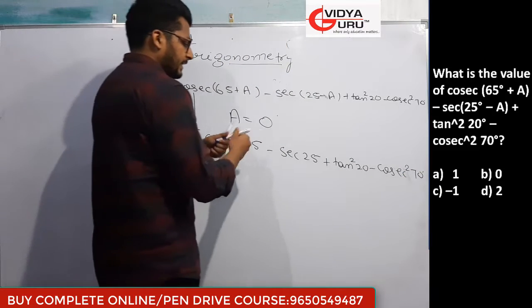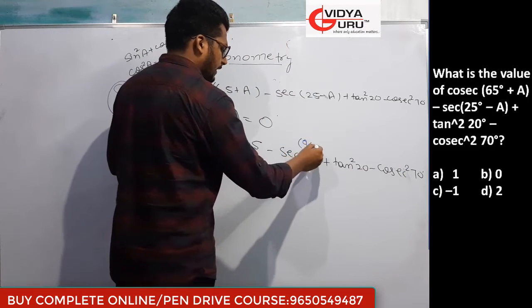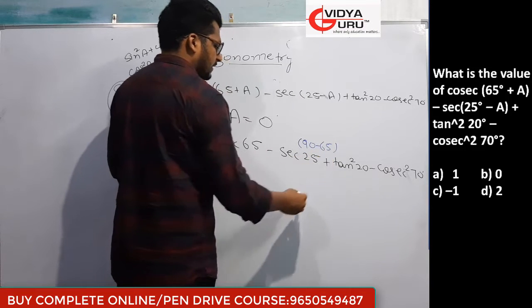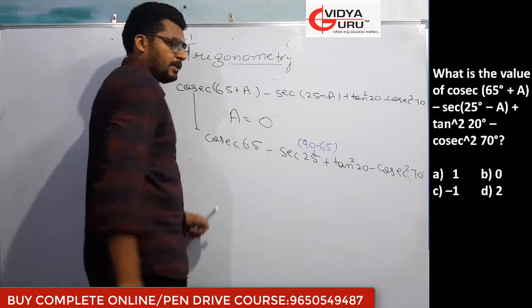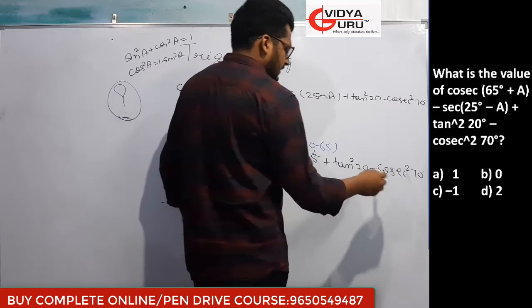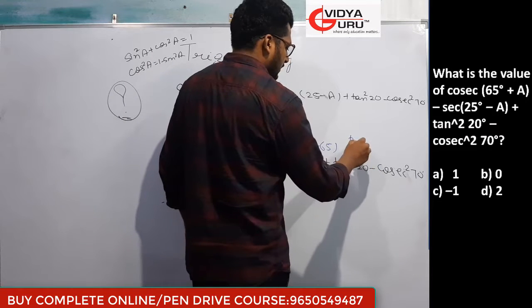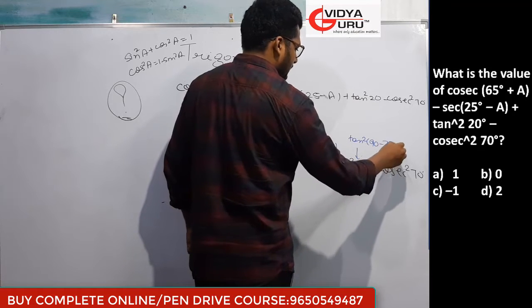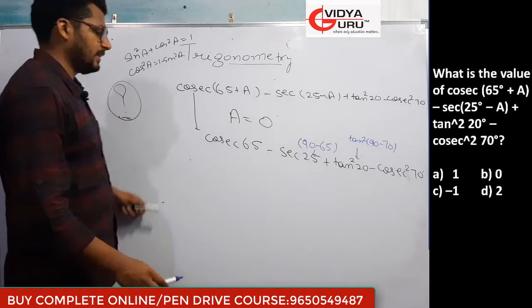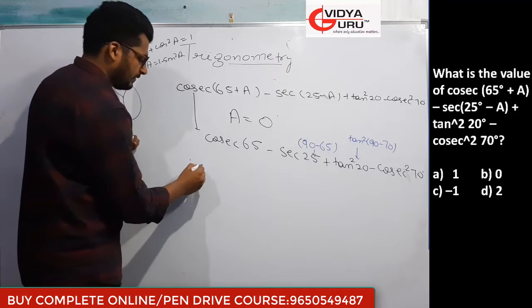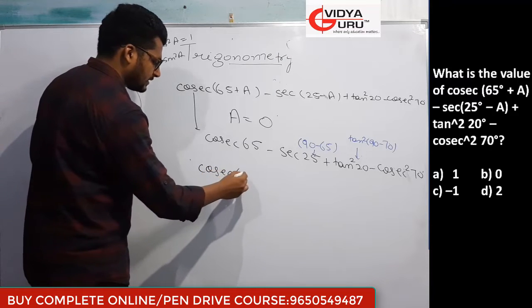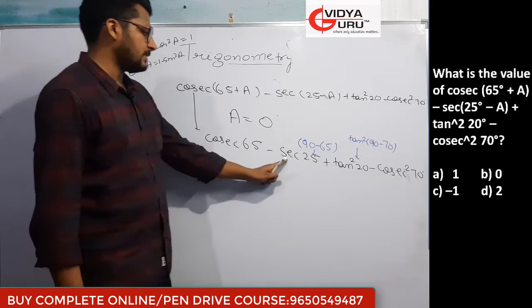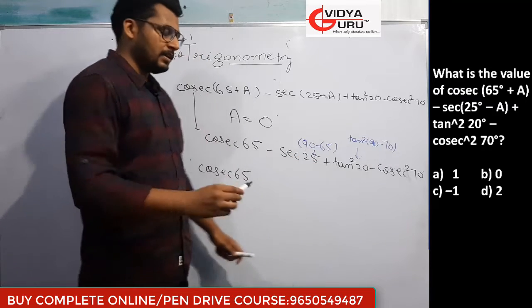I can write it as sec 90 minus 65. 90 minus 65 is what? 25. And this can be written as tan square 90 minus 70. So what will be left here? Cosec 65, and here sec 90 minus 65.